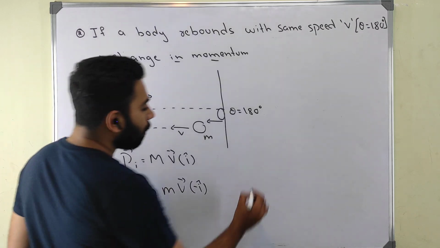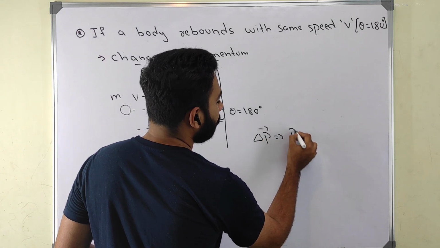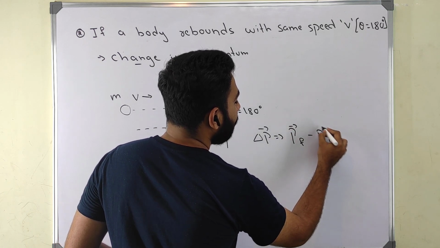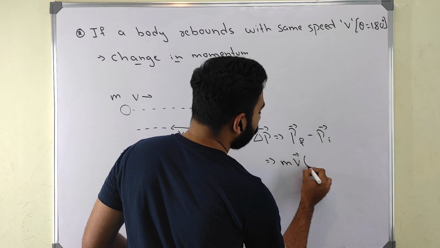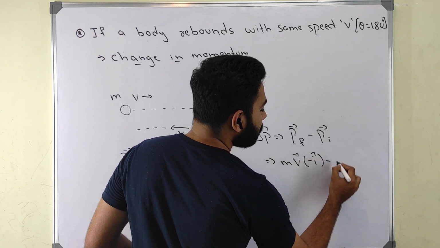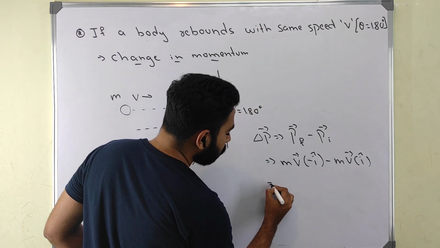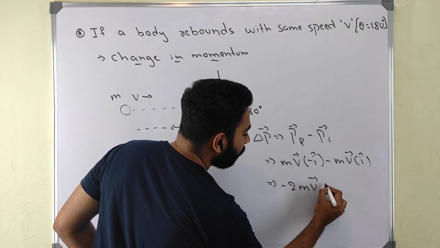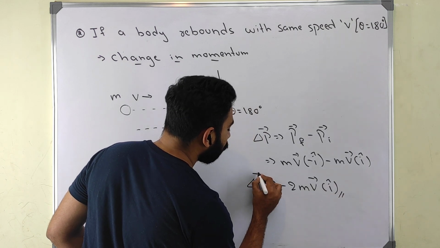Now, if I want to know the change in momentum, I know that it is final momentum minus initial momentum. My final momentum is m v into minus i cap, minus the initial m v into i cap. Which means, adding both, I get minus 2 m v i cap. This is my change in momentum.